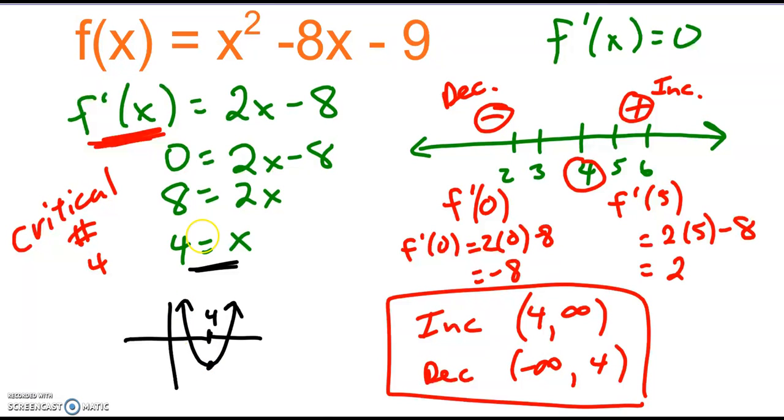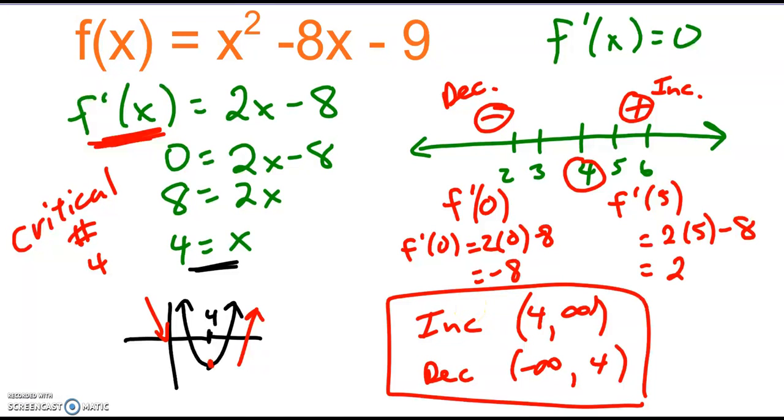It's going to be decreasing everywhere below 4, so it's going down. Oops, my arrow's going the wrong way there. So it's going to be decreasing everything up to 4, so it's going down this way, and then once it gets to 4, then we have everything increasing. And that is what all this process over here to the right is describing.